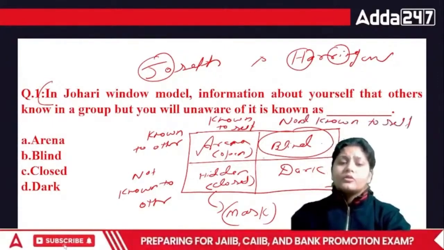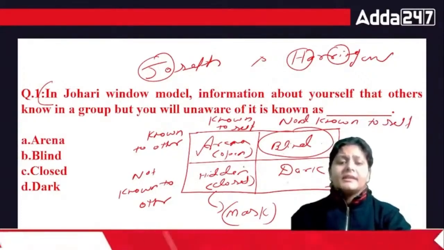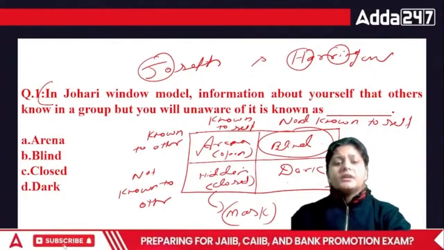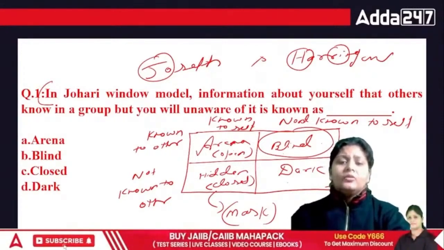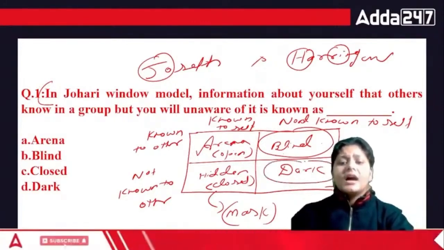So we have four quadrants here: arena, blind, hidden and dark. The third area is the hidden, closed area, where the information is not known to others and known to self.